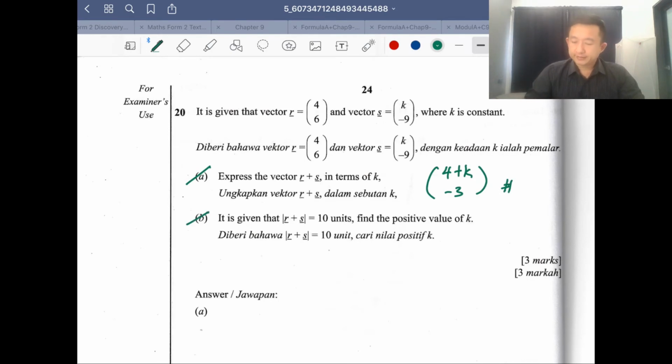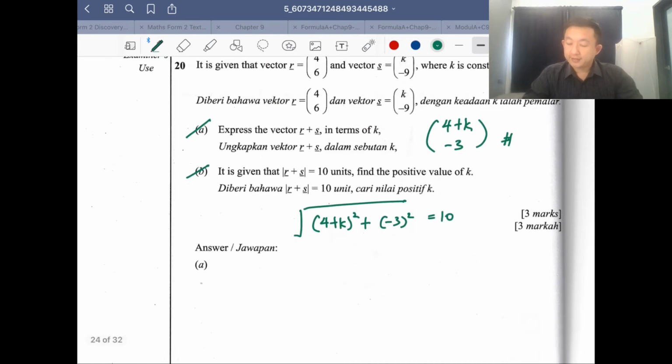Quite simple, this paper. It's given that the magnitude of r plus x, so the magnitude is the square root, equals 10.